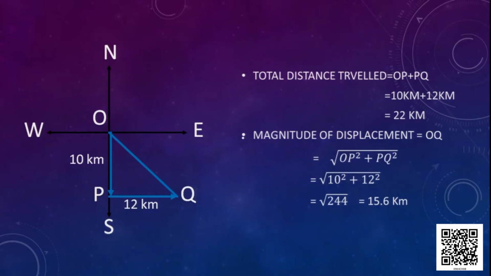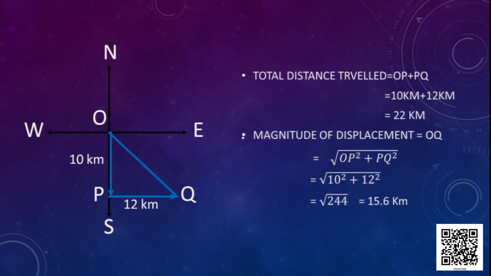Well, so this is the distance. Then what about the displacement? We know displacement is the shortest path length between the initial position and the final position. So here the magnitude of displacement is OQ. See, OPQ is a right angle triangle and OQ is the hypotenuse, so OQ equals the square root of OP square plus PQ square.